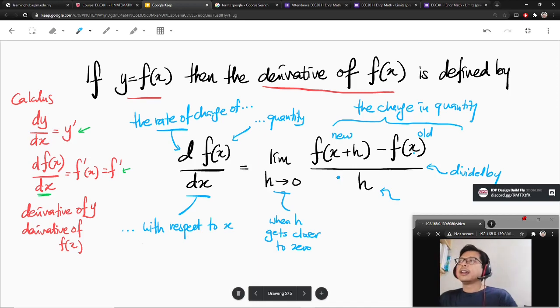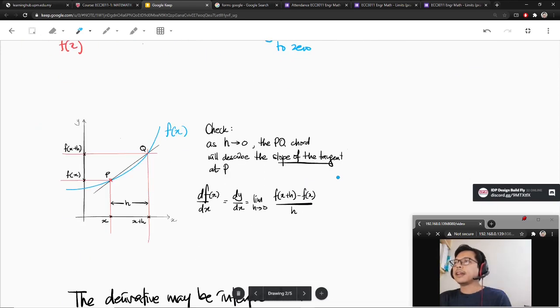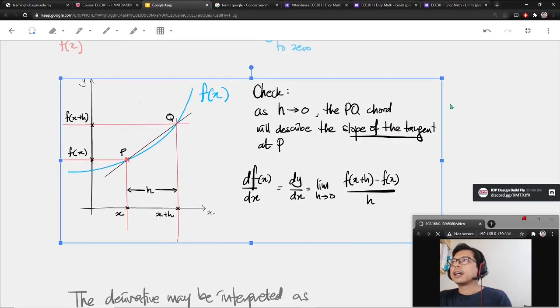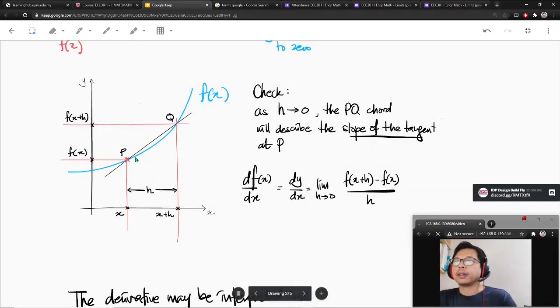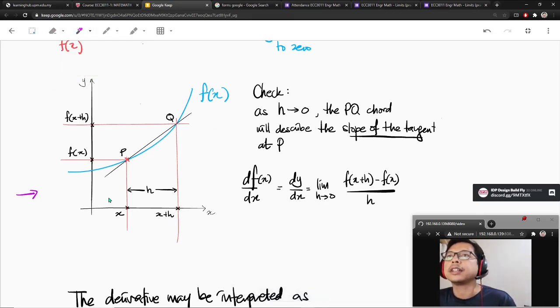So what is it about? This is just a sentence in mathematical language. In order to understand that, I have prepared this diagram for you. Look at this on the left hand side here. Let's say you have a function that is plotted on an xy graph.